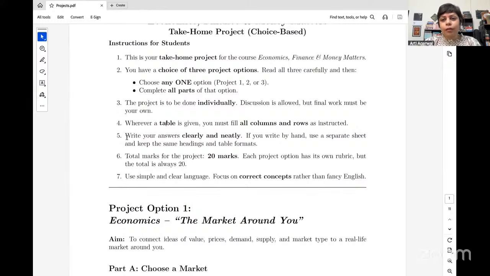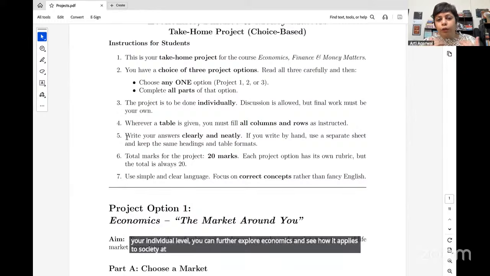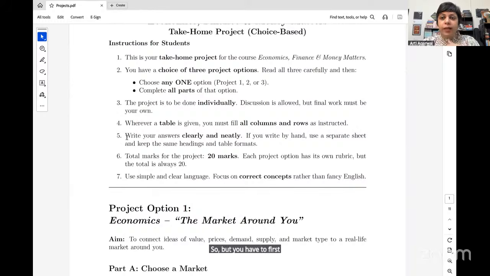It's in applying it to your own personal lives. And once you understand how it applies to your own personal individual life, you can further explore economics and see how it applies to society at large. But you have to first understand the basics in practical terms. So that is the idea, sentiment behind the project.